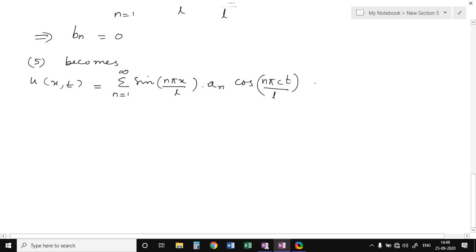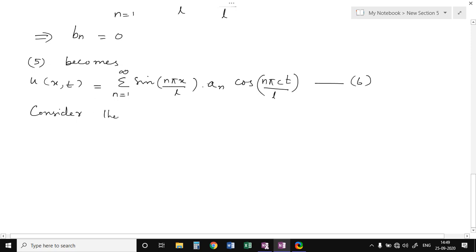This is our sixth equation now. So now this contains only one coefficient an. So we have to evaluate this an. For that we consider the initial condition. Only one more condition we have to apply in this problem.